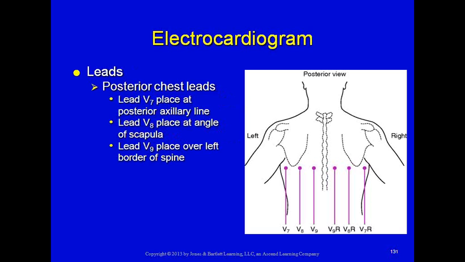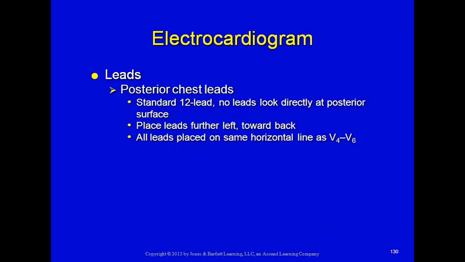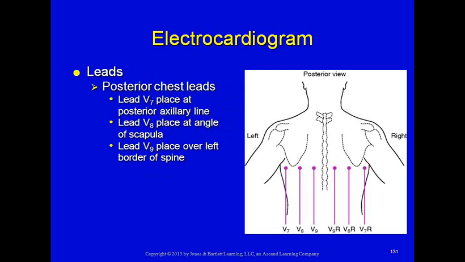You can also move those 3 electrodes over to the right side and do a right-sided posterior ECG. It wouldn't be a 12 lead, but an ECG. And that just gives us a picture of what's going on in the posterior portion of the heart. I don't know many people that do this, but it can be done. That's where you get terms like 15 lead ECGs or 18 lead ECGs.